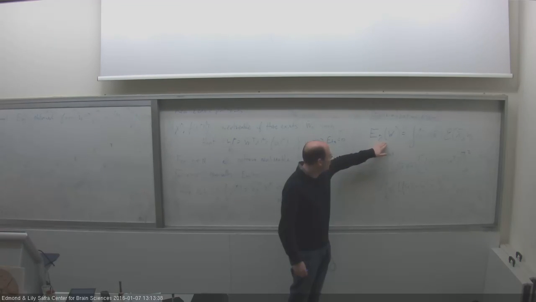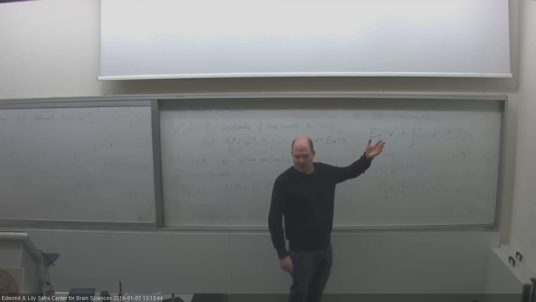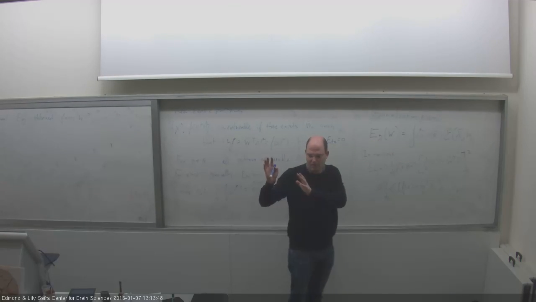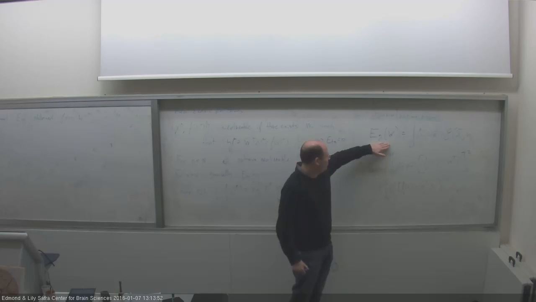But note here that I'm writing it already as a function of the weights. So the weights were determined from some finite set of examples. But now if I'm looking at it just as a function of the weights, I can forget about how I trained the network, and I can ask, what in general can this error be?